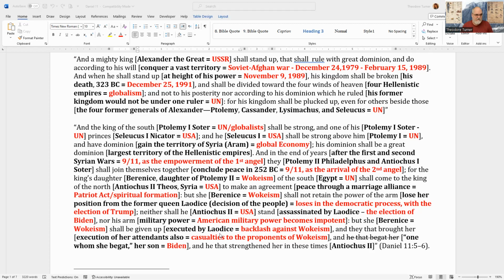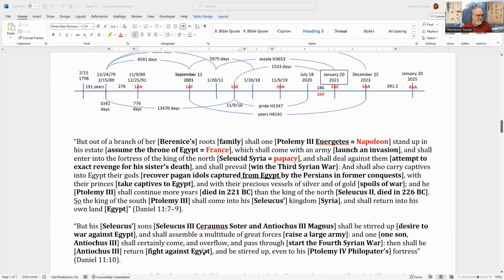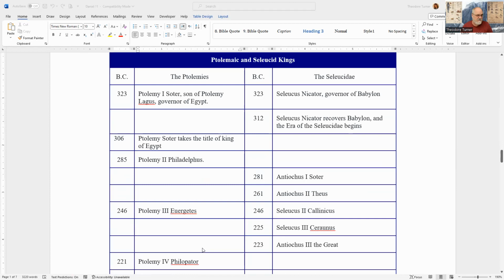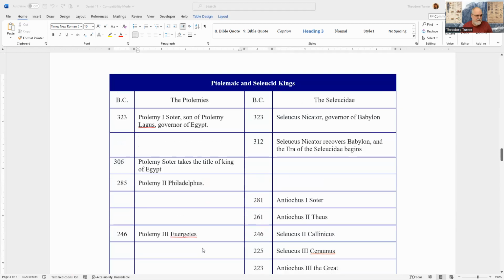So the king of the south, that's Ptolemy the First. Now, I do have a chart here, by the way, put in here, the Ptolemaic and Seleucid kings, that I got, and I had to correct some of the things in it. But Ptolemy the First, the son of Ptolemy Lagus, governor of Egypt.